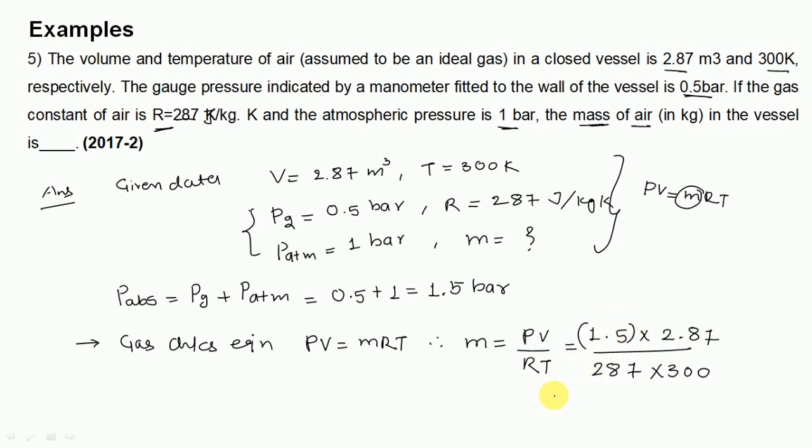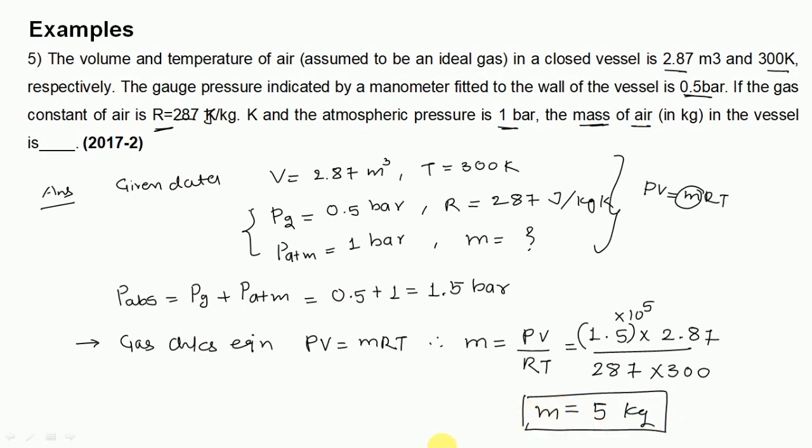So here we need to multiply with 10 raised to 5. So it is now converted into Newton per meter square. Okay. Now if you calculate, the mass is 5 kg. M is equal to 5 kg. So this is the final answer of this problem.